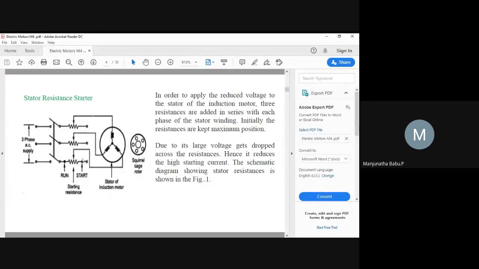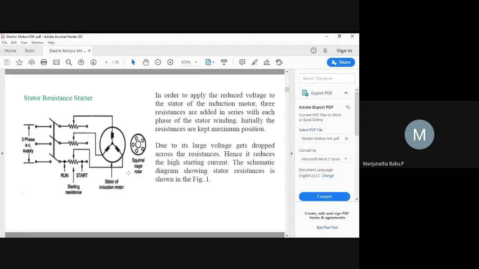Once the supply has been given, the three resistances are simultaneously reduced, that means cut out, so that the current is smoothly injected into the stator circuit. So the high inrush current can be reduced. This is the schematic diagram of a stator resistance starter.